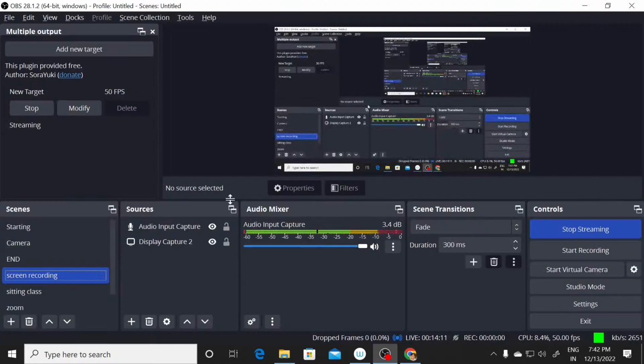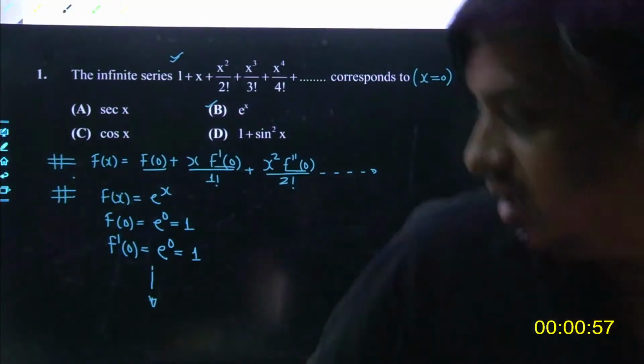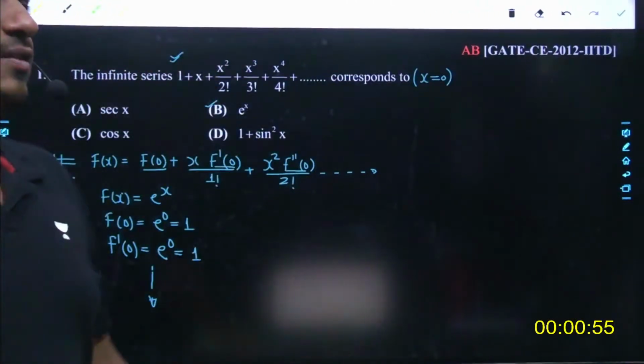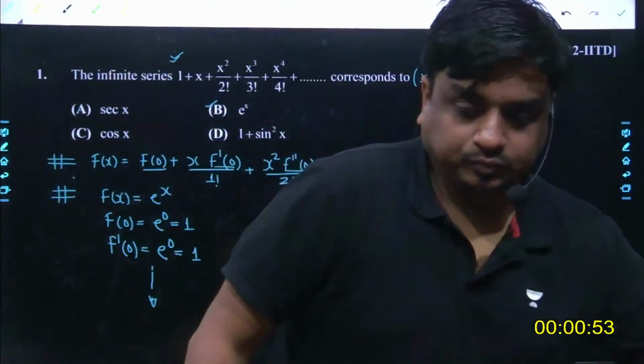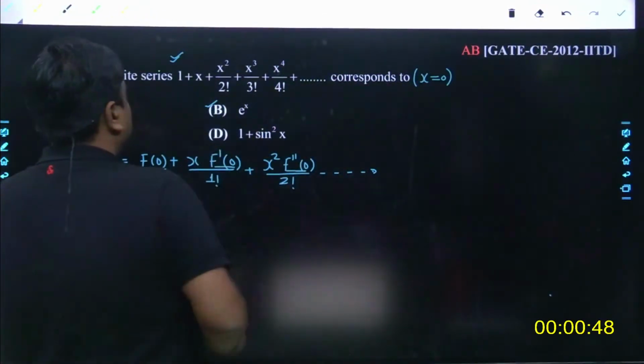They must have told that the approximation has been made at x is equal to 0. So I would like to know from each one of you whether this problem has been completely correct or still certain improvement is required. Tell me. So obviously they must have told at x is equal to 0, and there B must have been the answer.